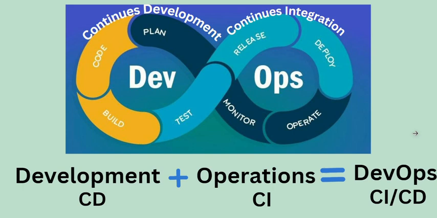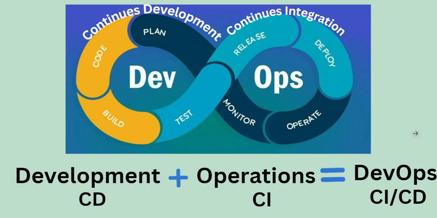also known as continuous integration and continuous development, where we go for two different teams or two different stages of development, that is the continuous development stage and the continuous integration stage.